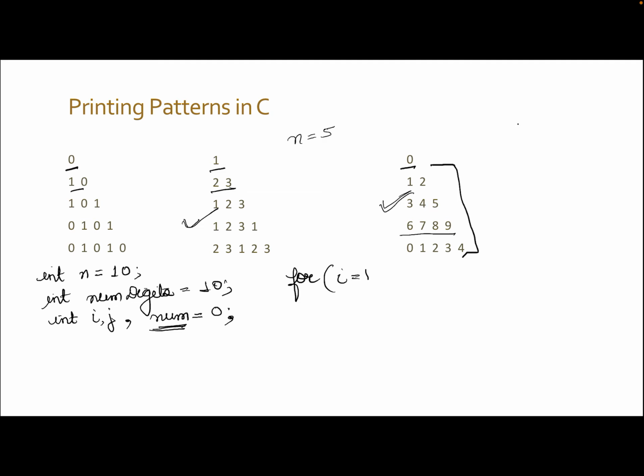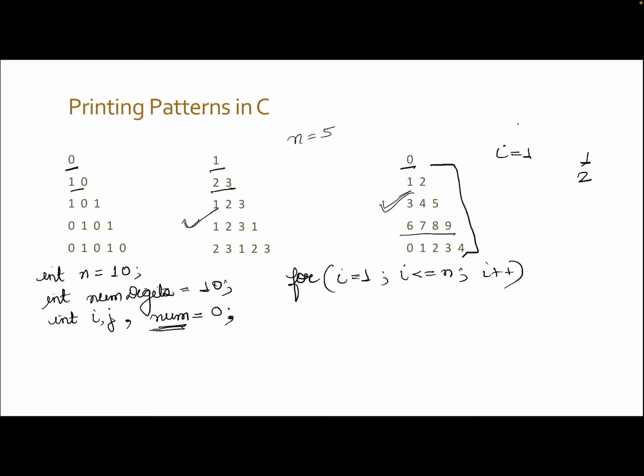How many rows we want to print is governed by my outer for loop. Now this we have seen in the previous video as well. If i is 1, I want to print one value. When i is 2, I want to print 2 digits.